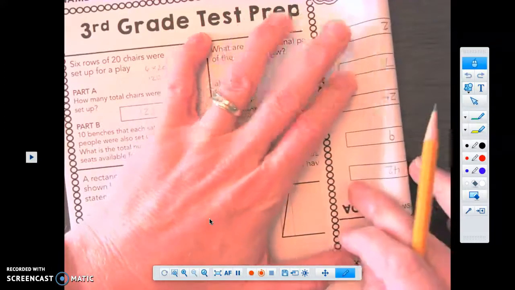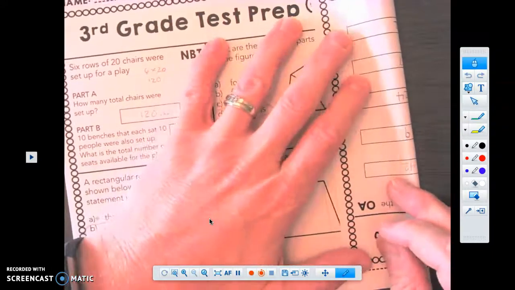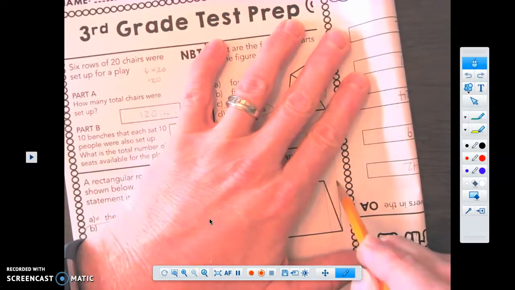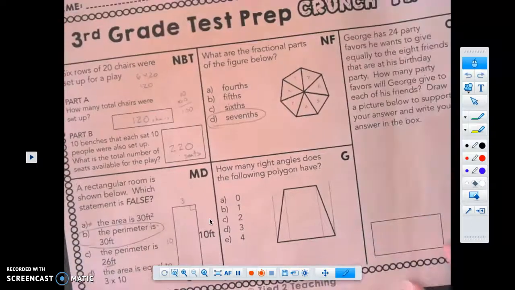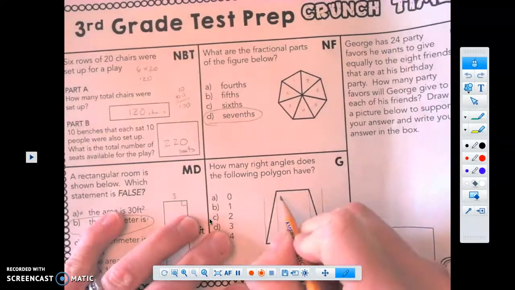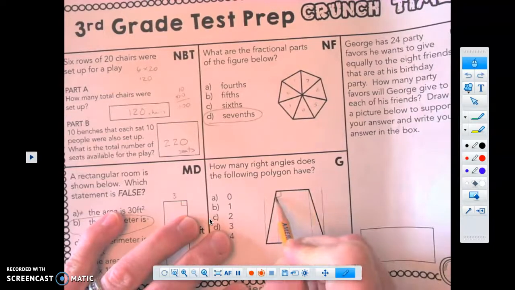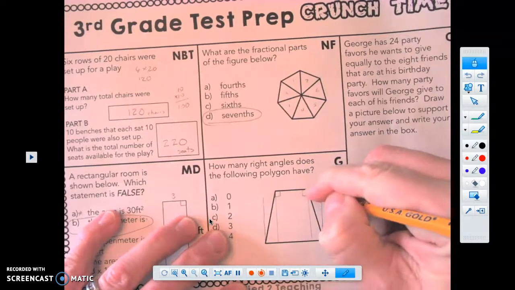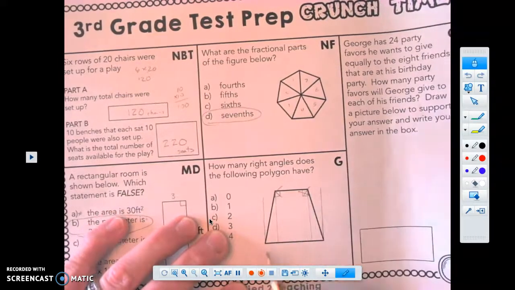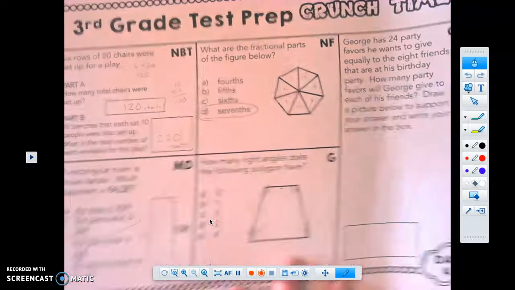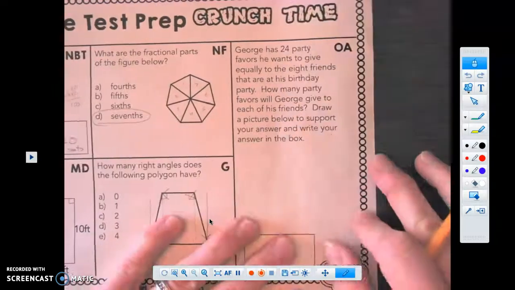Not the straightest line, but we're making do here. And coming way over here to this one as well. So we can see that none of these are that perfect square because it still has this little bit right here, so that's a no. That's a no, and that's a no.